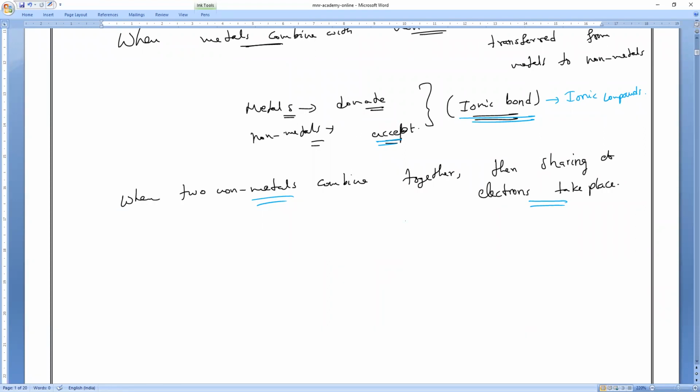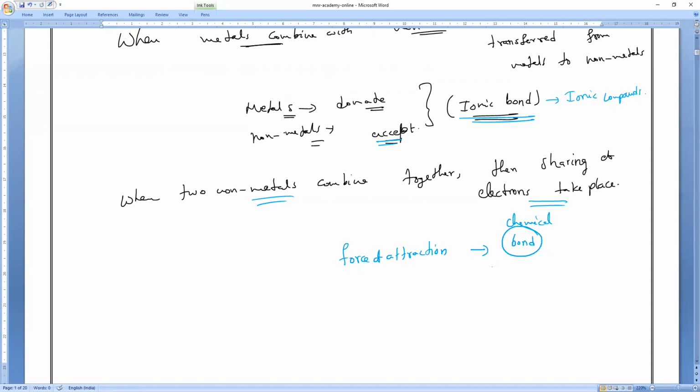After sharing or after transfer of electrons, whatever it is, the atoms are held together due to the force of attraction, either by sharing or by donating and receiving. That force of attraction, which holds them together, is called a bond, or we can say a chemical bond.